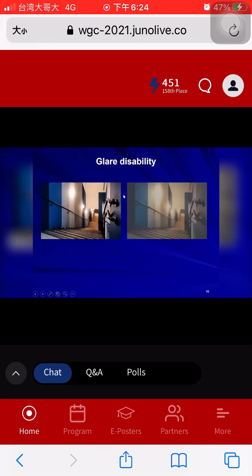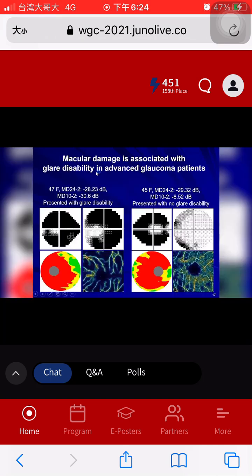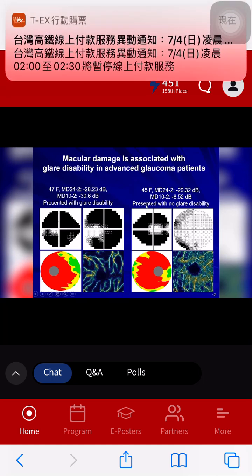Then we'll talk about glare disability, which is a common, annoying condition in advanced glaucoma patients. In our clinical practice, we found macular damage is associated with glare disability in advanced glaucoma. These two patients had a similar severe mean deviation on 24-degree fields.